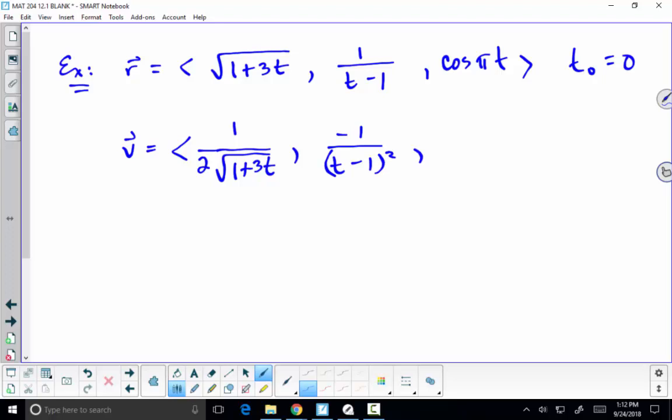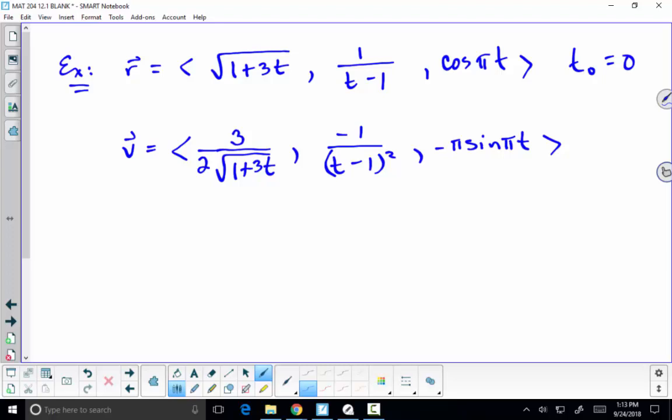Squared. Derivative of cosine is negative sine of the same angle, but then we have to multiply by the derivative of the angle. There should be a 3 on the top. Times 3, thank you, I did not chain rule it. Okay, so those are our derivatives.